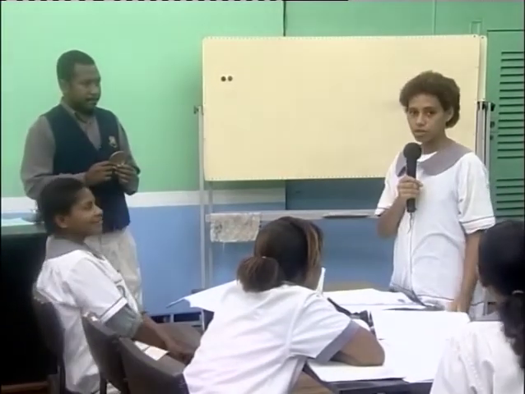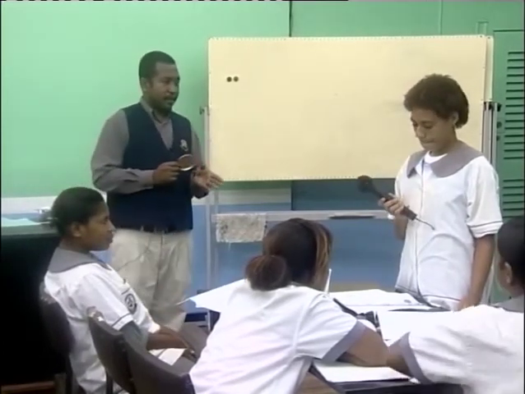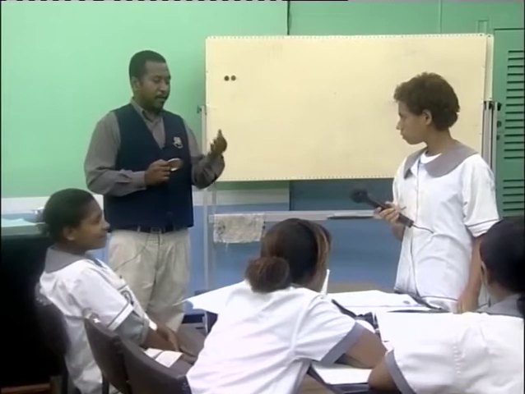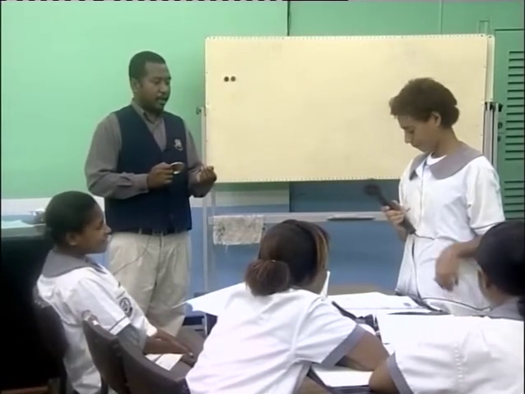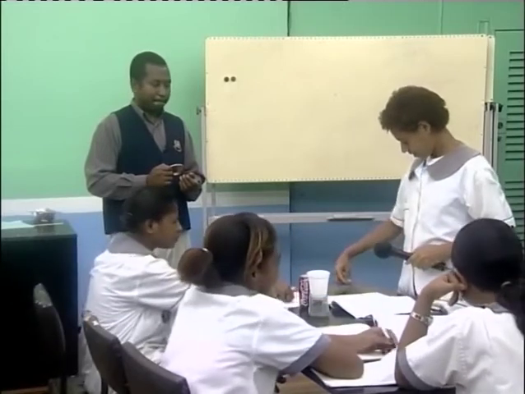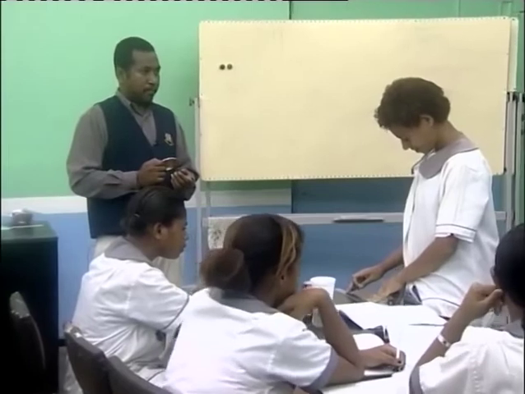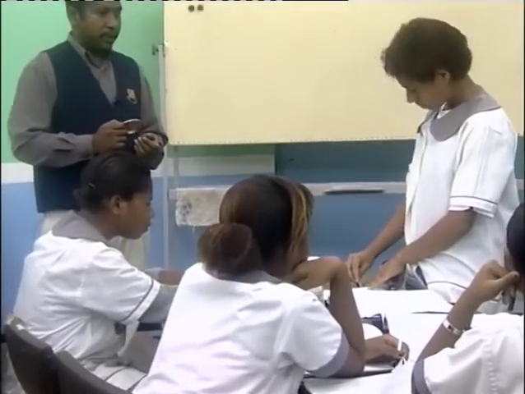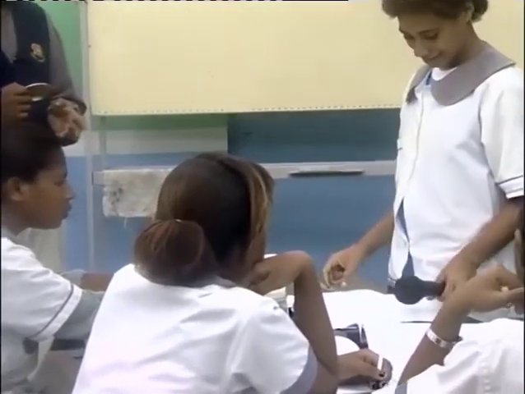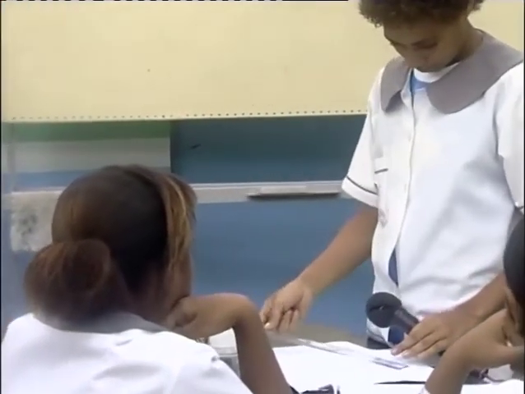By rolling the coin along a ruler. Okay, can you show us what do you mean by rolling the coin along the ruler?